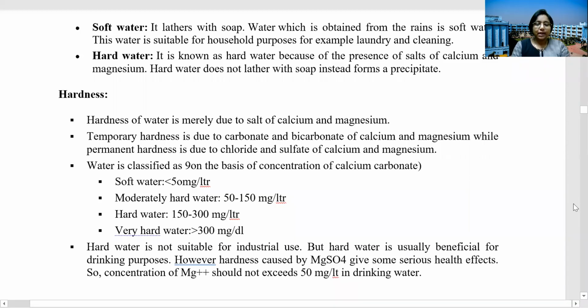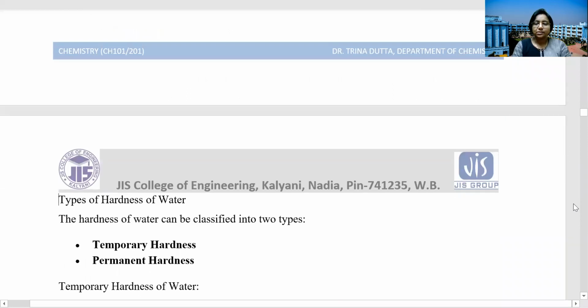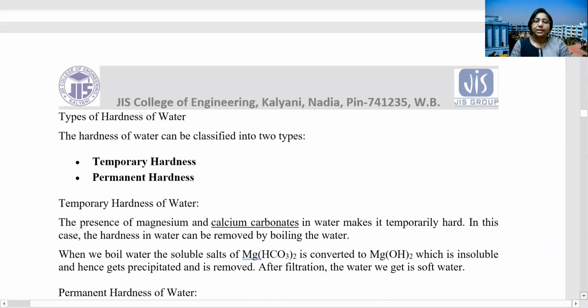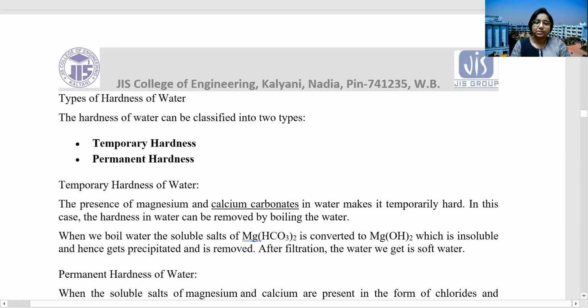So what are the types of hardness? Hardness is of two types: temporary hardness and permanent hardness. Temporary hardness is caused by bicarbonate ions, that means calcium bicarbonate or magnesium bicarbonate.